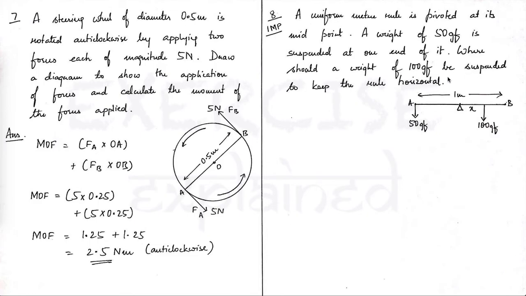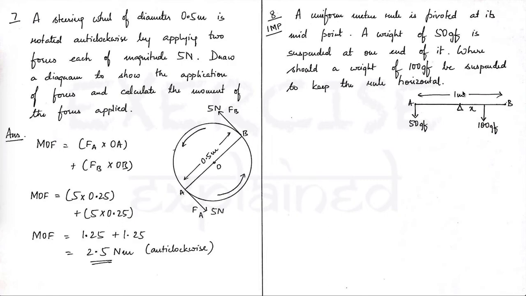Now there is a common sense thing here, that is, if 50 gram force is acting on the left side of the beam, 100 gram force definitely has to be on the right side of the beam for it to be balanced. So there is no way that you can actually put that 100 gram force anywhere here, because if you put it anywhere here, the rule obviously will go down on the left side.